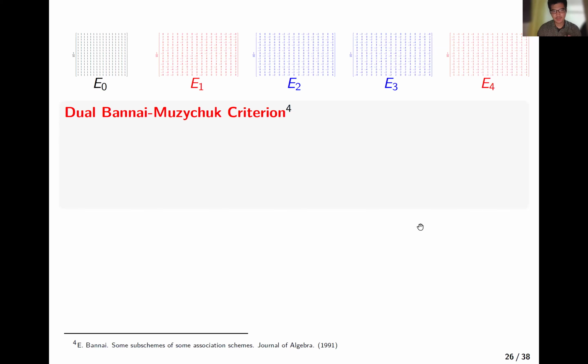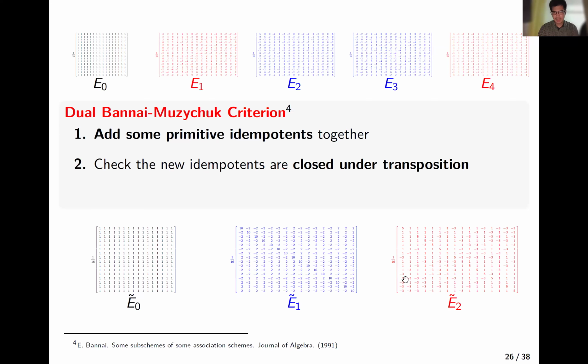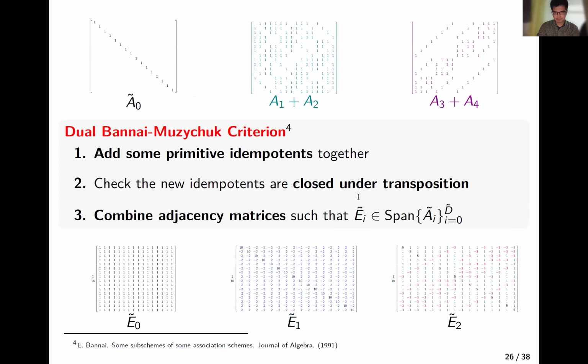Okay, so let's try to make this naively, and then we'll talk about the more formal statement of the criterion. So the idea is we're going to add some of the primitive idempotents together, let's say E2 and E3, and E1 and E4 to form E1 and E2 tilde, respectively. And then I'm going to check that these new idempotents are closed under transposition. So far, so good. Now, the tricky part is the next one.